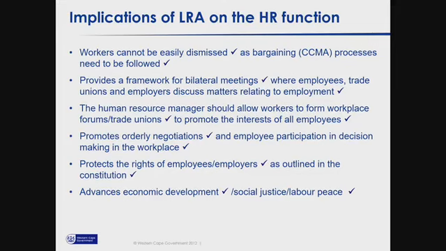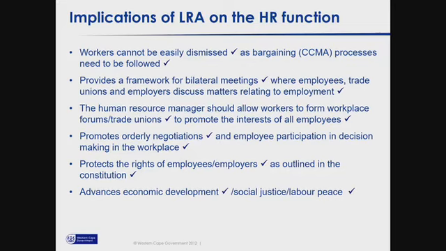Okay, then it also protects the rights of employees and employers as outlined by the Constitution. So you must remember that both the business as well as the employee have rights that are protected by the Labor Relations Act.